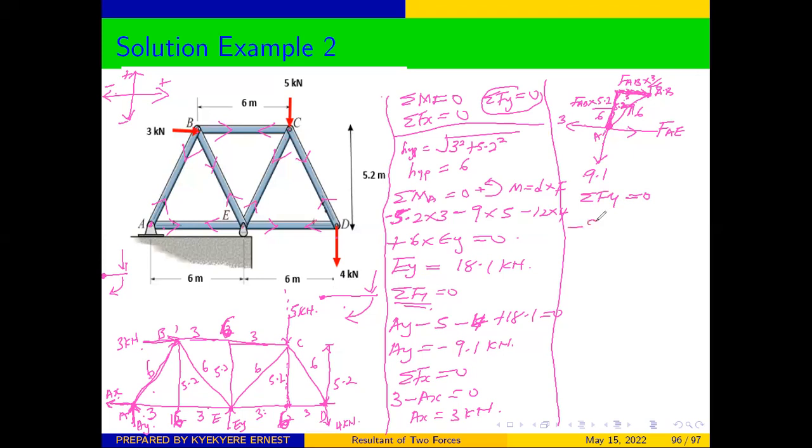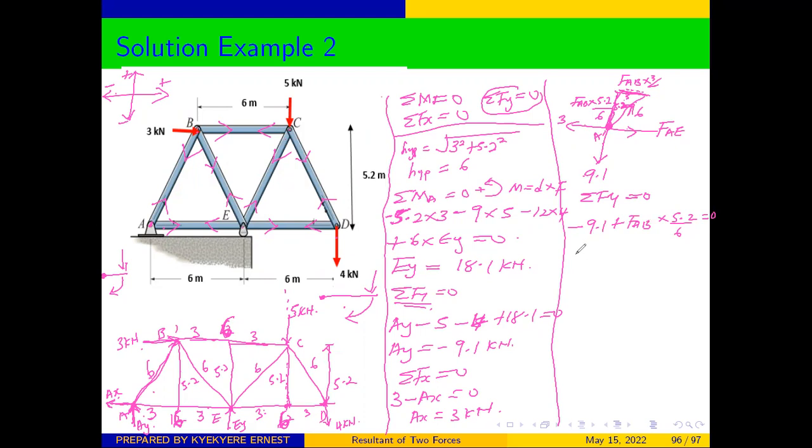So negative 9.1 plus our y component for FAB, which we have seen is FAB times 5.2 over 6, is equal to 0.